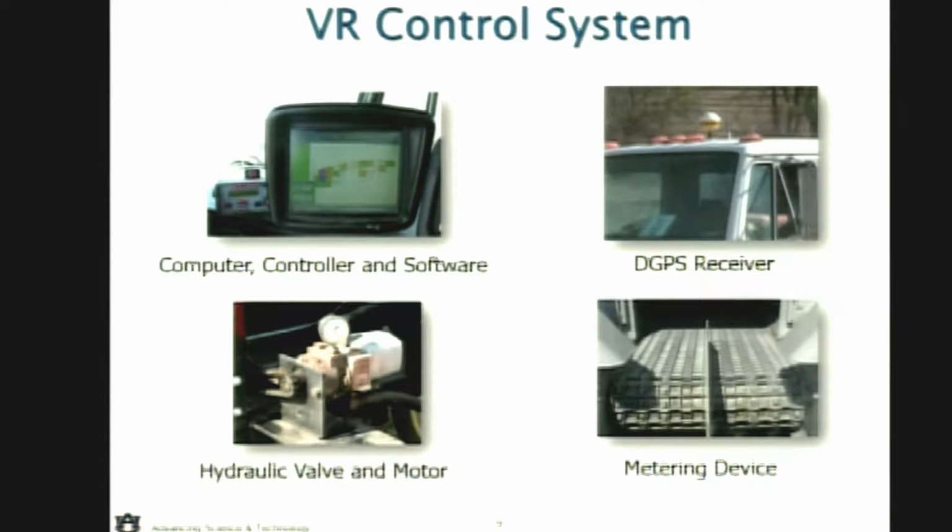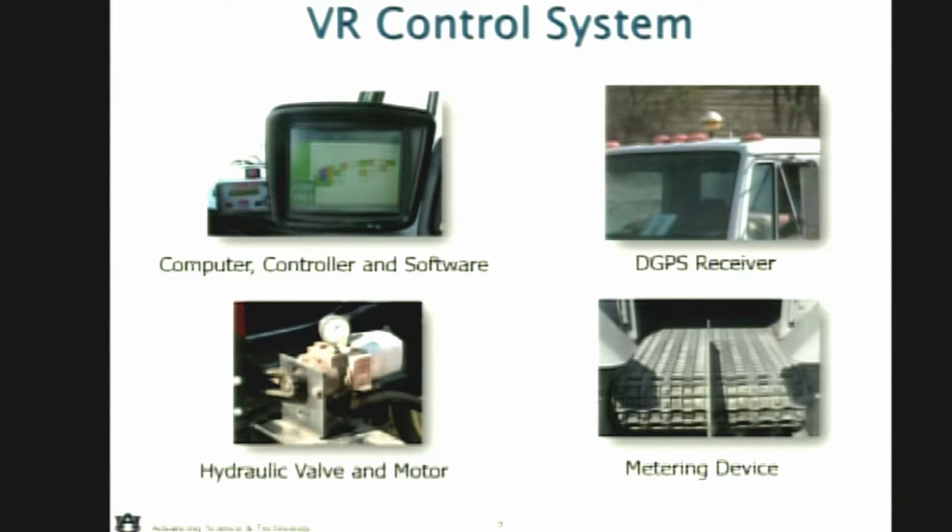The metering device is going to vary by the implement or applicator itself. And then we're going to have either a hydraulic motor drive or electric drives, which are becoming very popular. That's going to vary the rate. In this case, we're looking at a traditional spinner spreader fertilizer lime applicator.